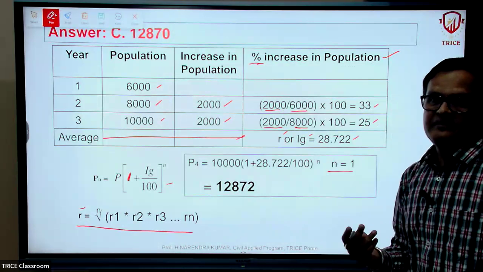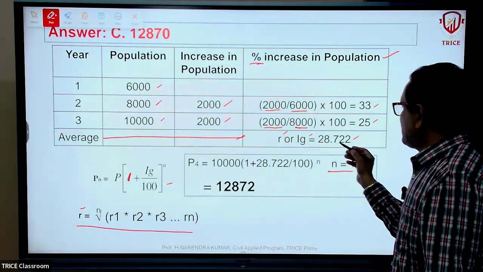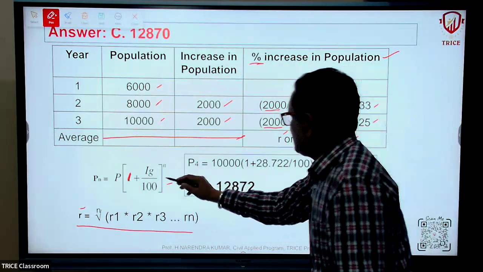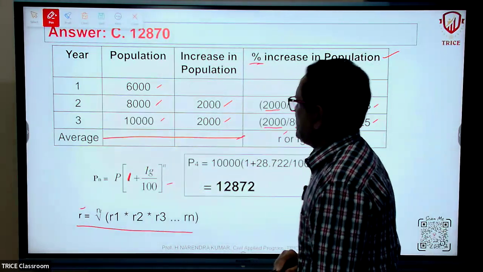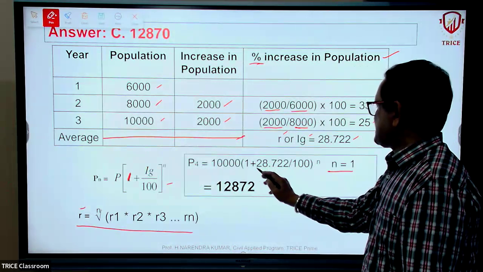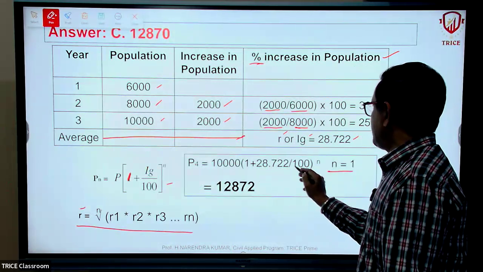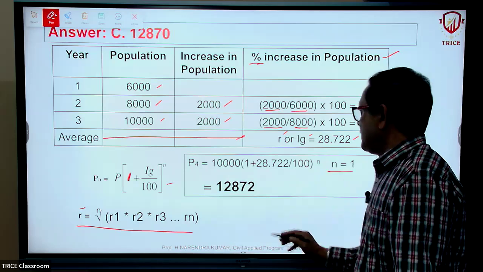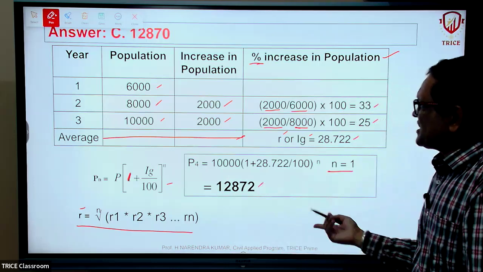You can try, it's a very simple calculation. By substituting this value in the formula, what is the P value? The last decade population, 10,000, multiplied by (1 plus 28.72 divided by 100) whole to the power of n, which is 1. So you'll get 12,872. What is the nearest value?